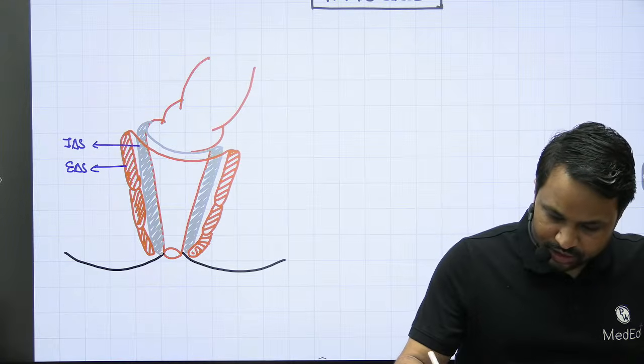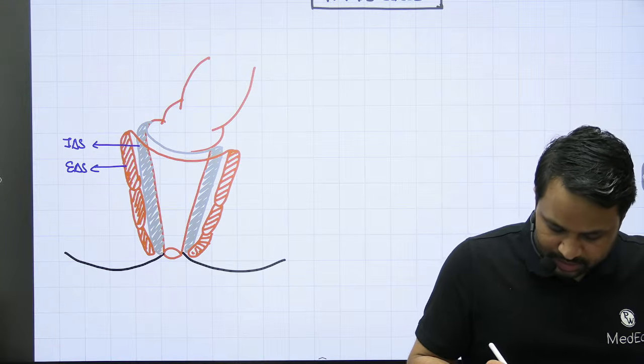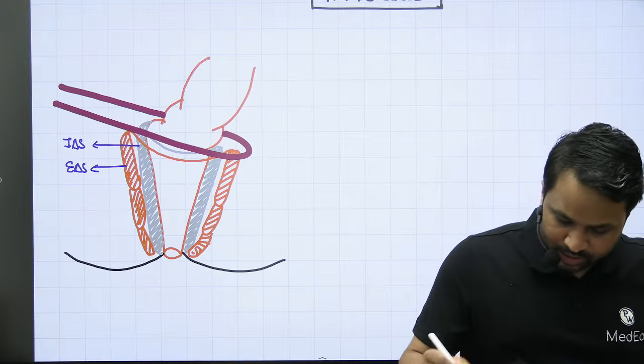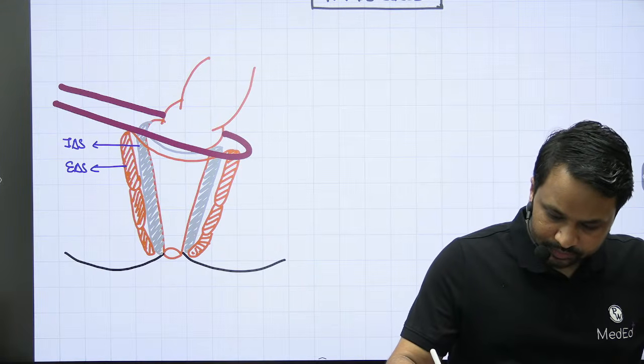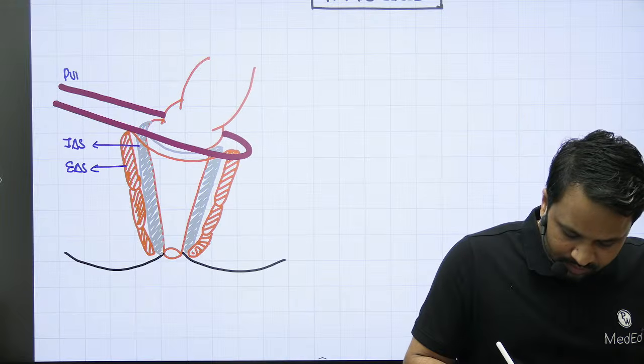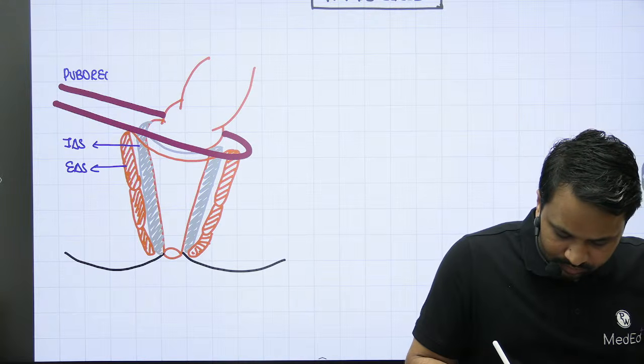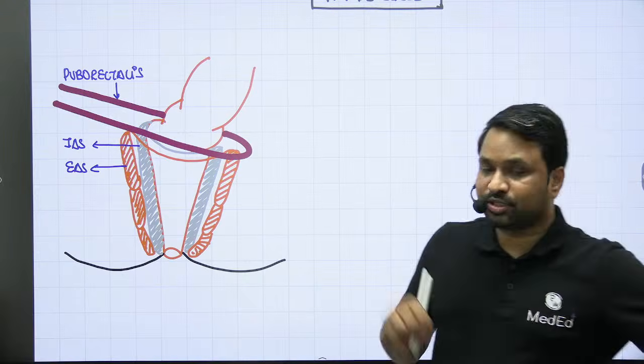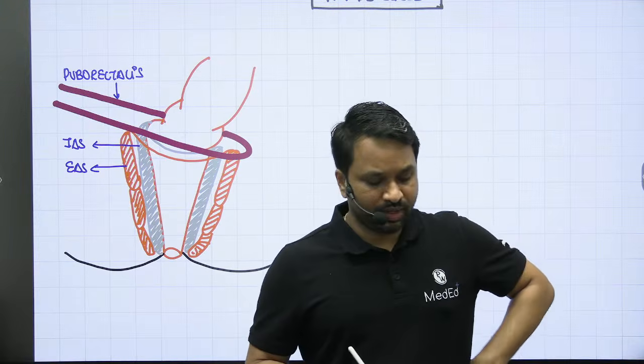At this junction, we know there is a muscle present, and that muscle is the puborectalis.